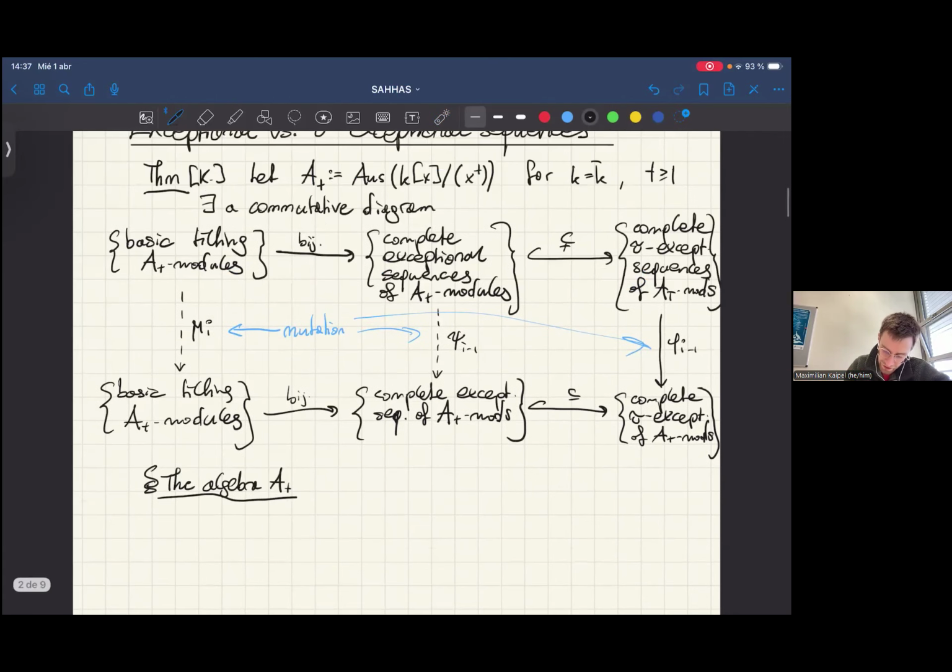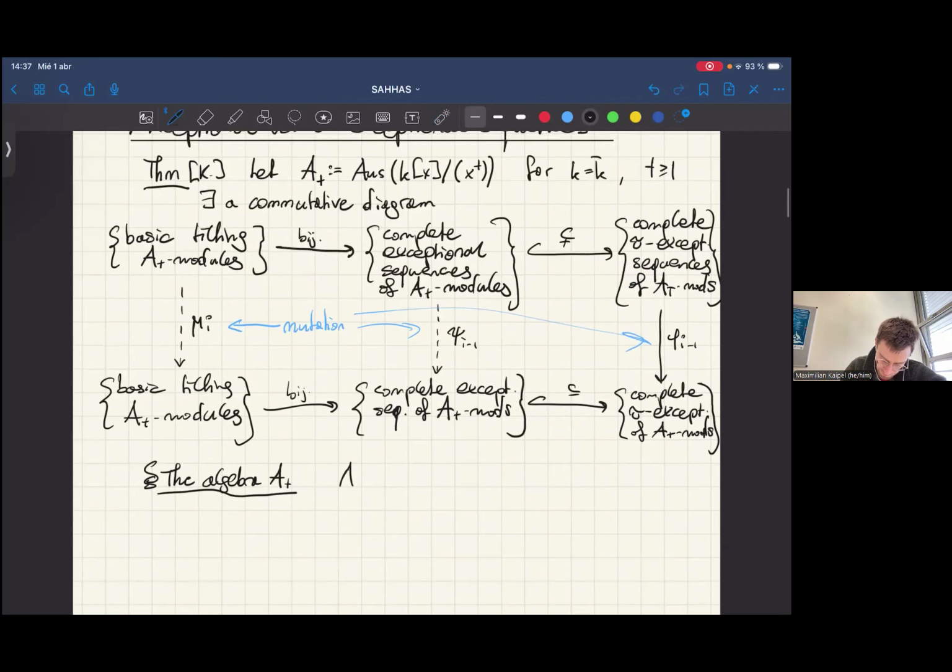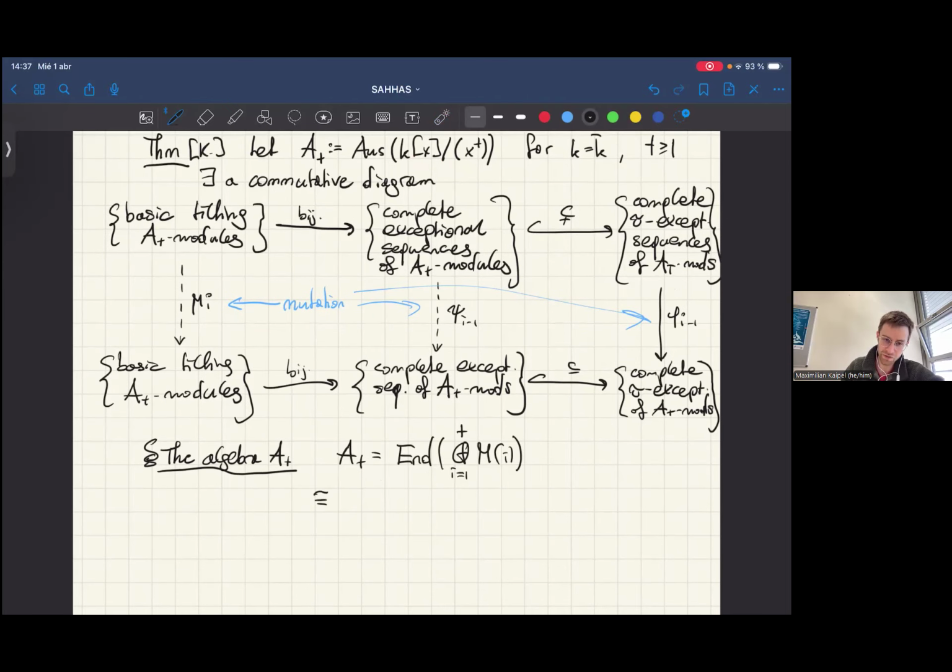I said it was the Auslander algebra of this truncated polynomial ring, and what that means is that AT is the endomorphism algebra of the sum of all of the indecomposable modules of this truncated polynomial ring. And there are exactly t of these, so there's one for every length between 1 and t, and let's just call these mi.